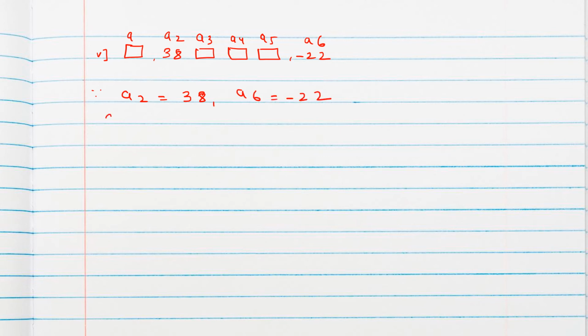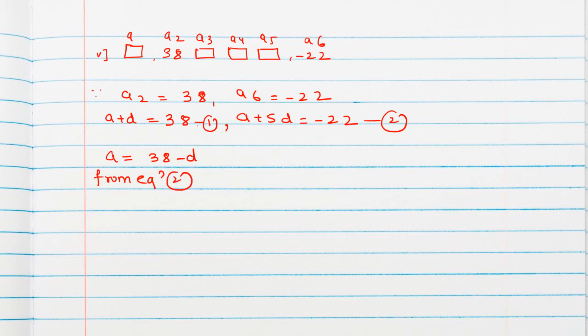For A2 we can write the formula A plus D is 38, and for A6 we can write A plus 5D is equal to minus 22. We can write this as equation 1 and this as equation 2. Now the value of A from equation 1 we can find and substitute in equation 2.